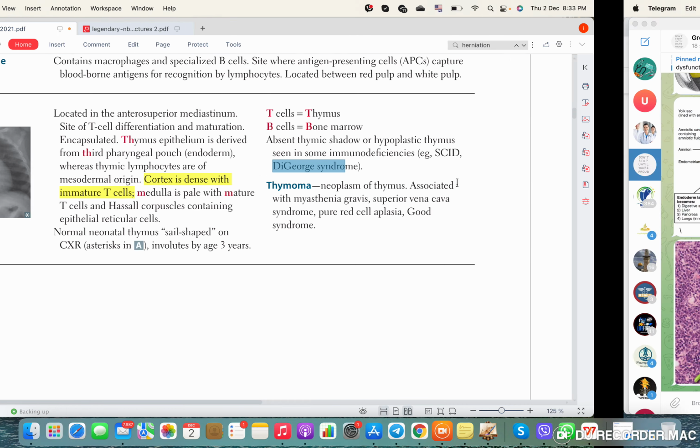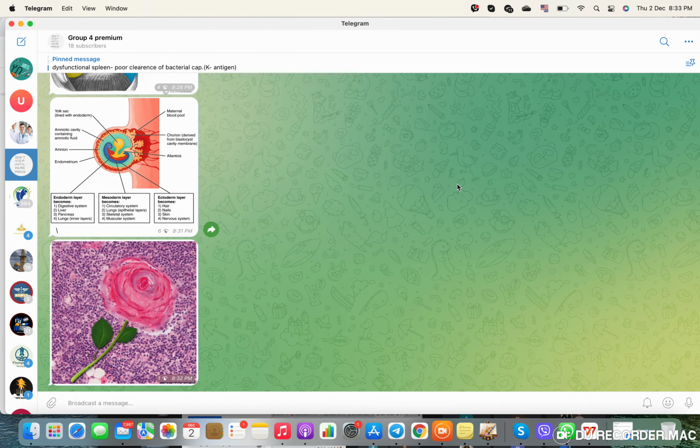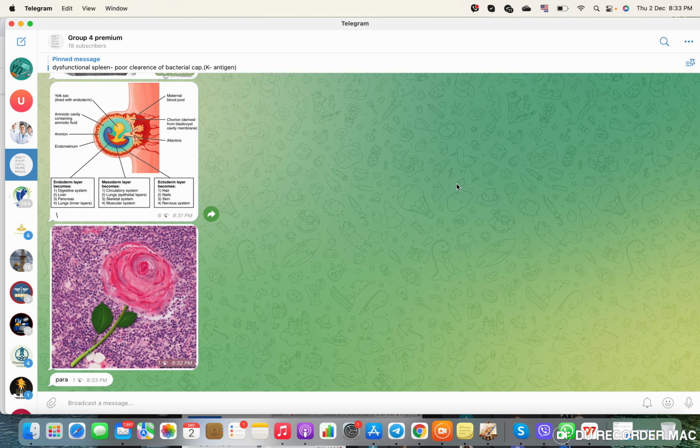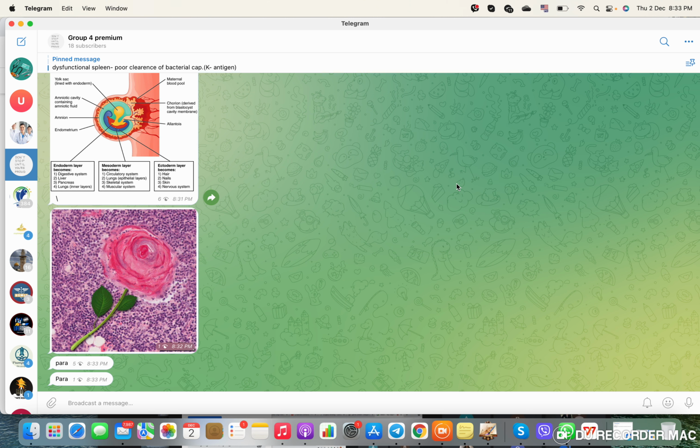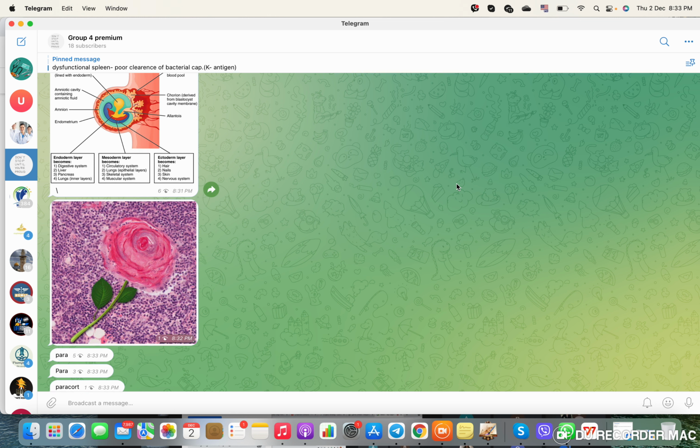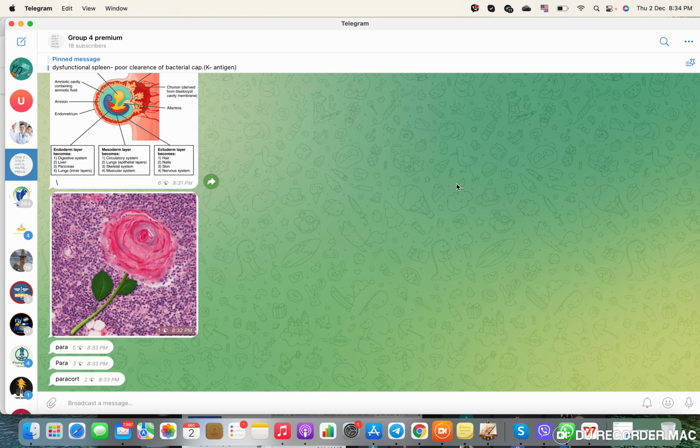Also, DiGeorge syndrome. DiGeorge syndrome has atrophy of which portion of the lymph node? The paracortex. Good. Now I'm going to ask a tricky one. Which portion of the spleen is atrophied in DiGeorge syndrome?